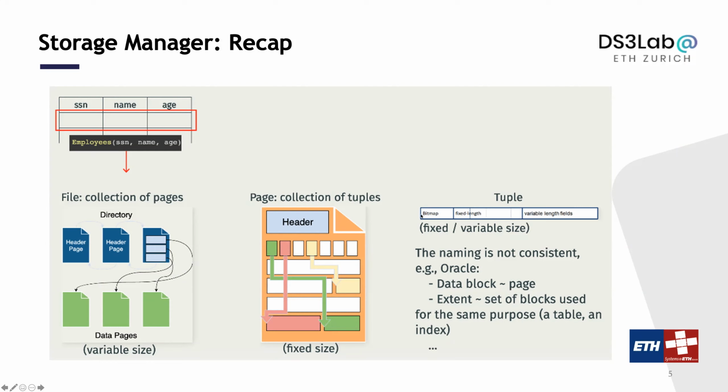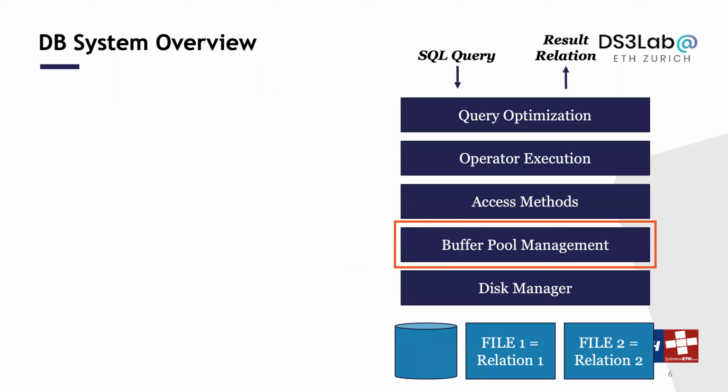At the beginning, you have a bitmap, with 1 bit per attribute, identifying whether in this tuple that attribute takes a null value or not. Then you store all of your fixed length attributes, then you store your variable length fields. So this is all about the disk manager. It tries to organize all the relations on your hard drive as a collection of files.